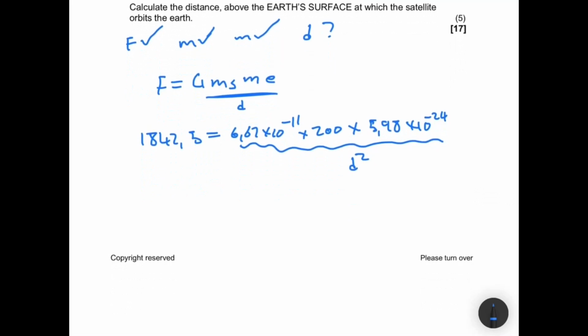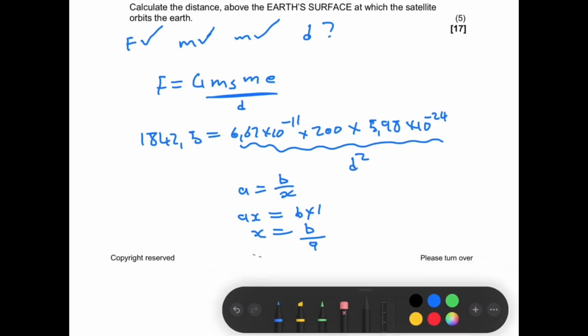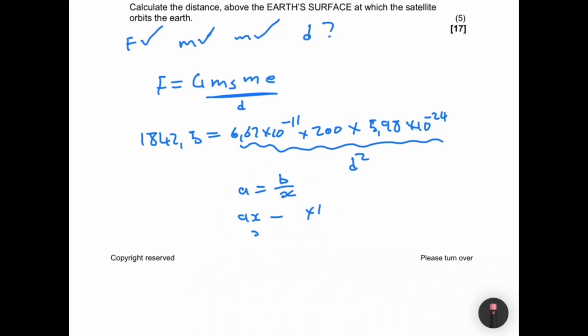It's easy to see. We know fully well that if we have A is equal to B divided by X, and you want to find X, you cross multiply, right? You're going to get AX is equal to B multiplied by 1. So X will be equal to B divided by A, right? So we're going to apply the same idea in this situation. Our X is D squared, right?